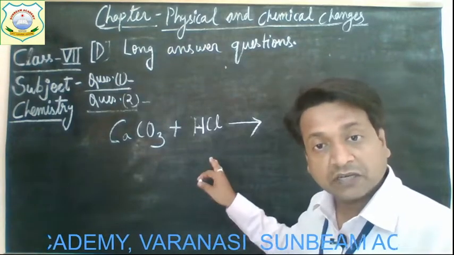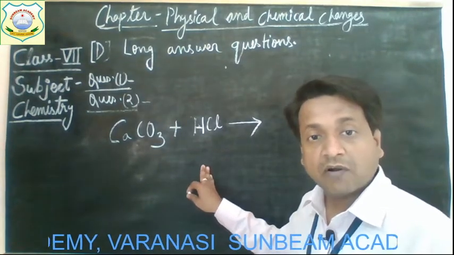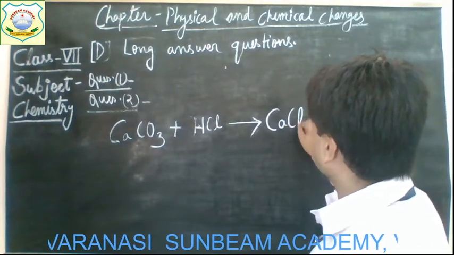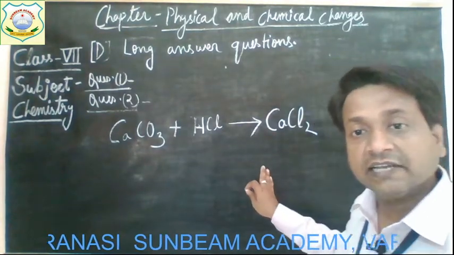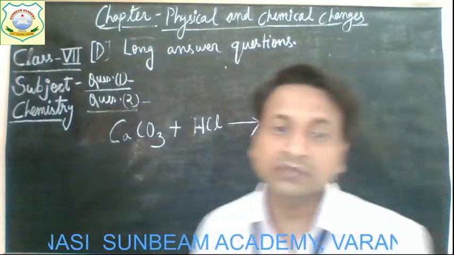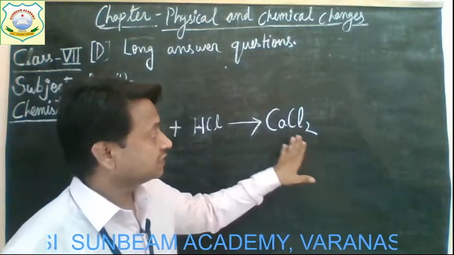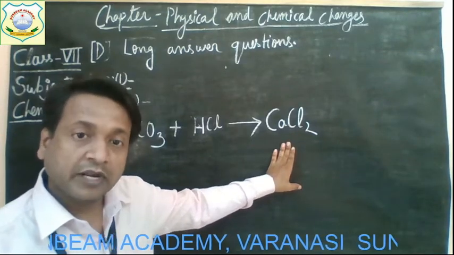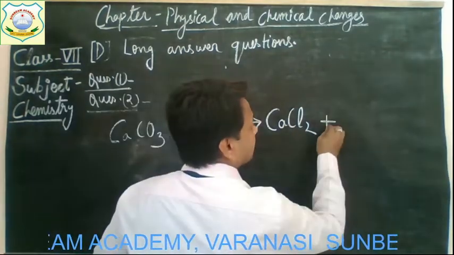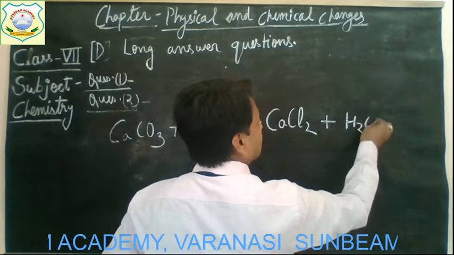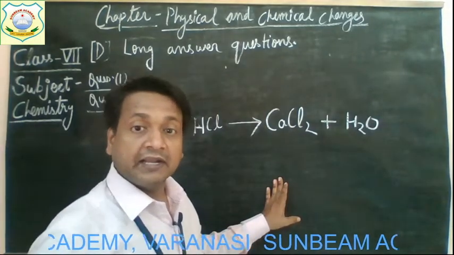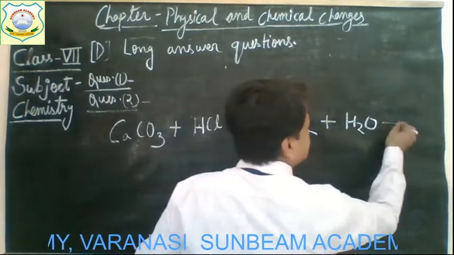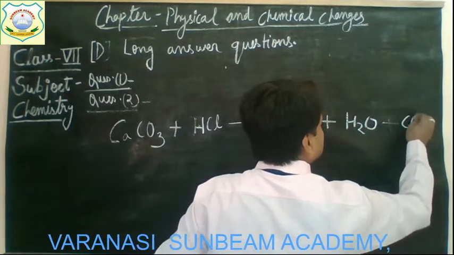So when the reaction takes place, it will form products. The first one is calcium chloride, CaCl2. Okay children, the formula of calcium chloride is CaCl2. Along with it, two more products will form, and that is water, and one more product in the form of gas, that is carbon dioxide.